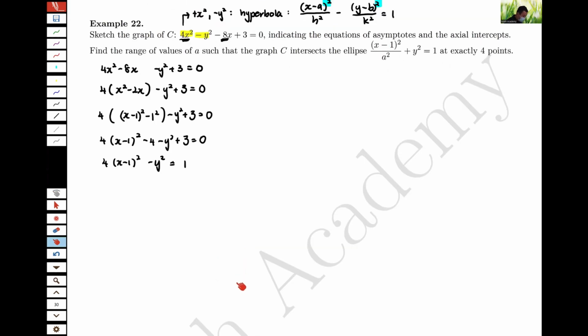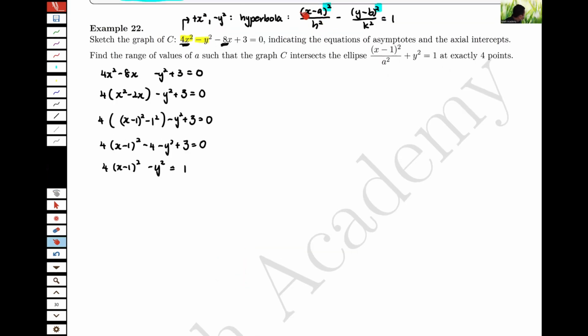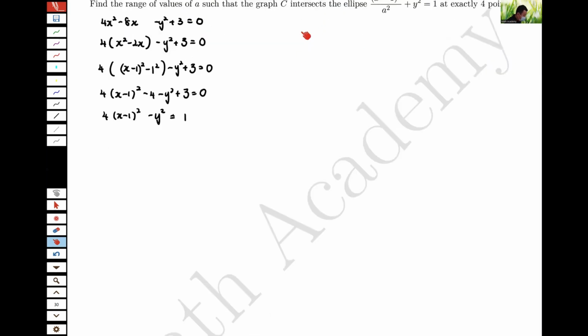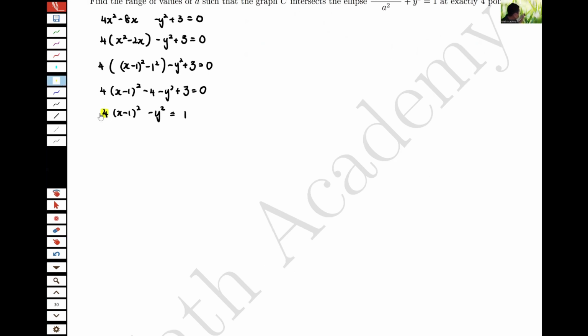If you observe the equation of the hyperbola, you will notice that there should be no coefficient in front, but you can have numbers in the denominator. Therefore, for this equation, it is not okay for you to leave 4 there. If I want to make it standard form, it should be pushed down to the denominator.